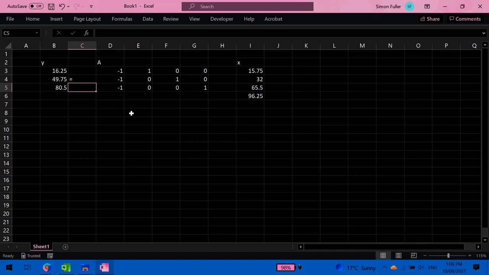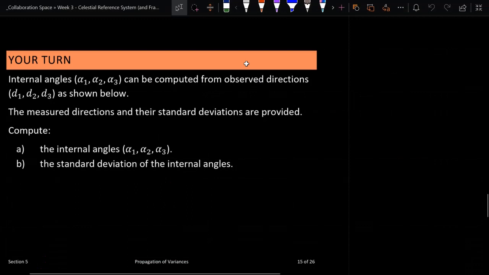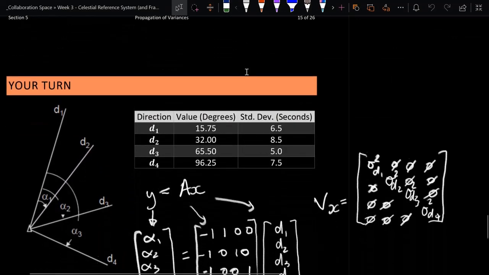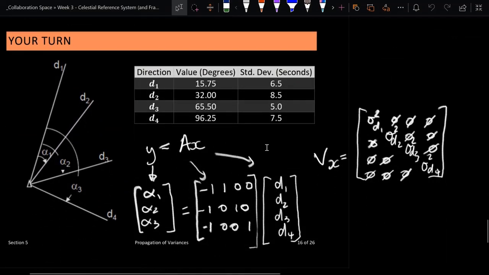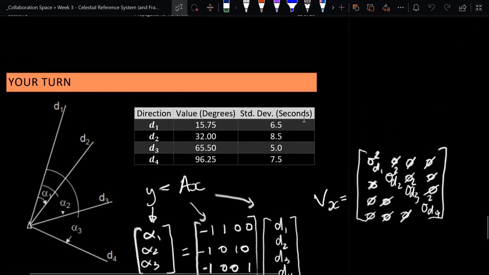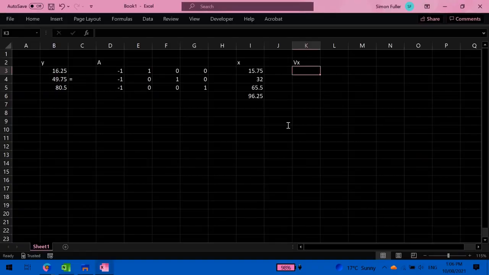Okay, so in order to do propagation of variances, we also need to set up the variance covariance matrix of X. So let's go ahead and do that. Now we know from the setup here that down the diagonal we will have the variances of the various directions. What we have in the table here are the standard deviations. So the standard deviation of direction 1 is 6.5.